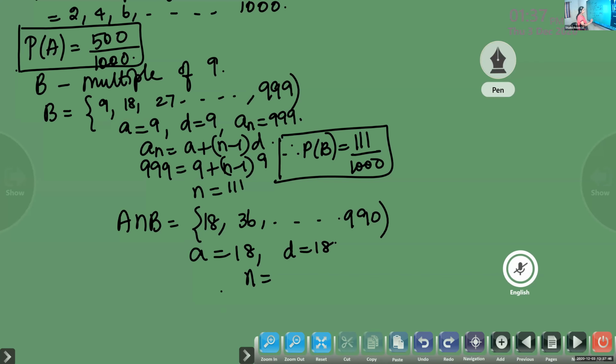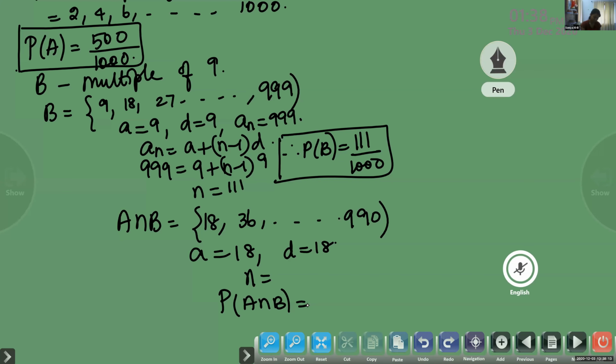From here you can write down what is P of A intersection B. How many numbers are there that are multiples of 18? Sania, what is the value of n? Ma'am, I'm doing.